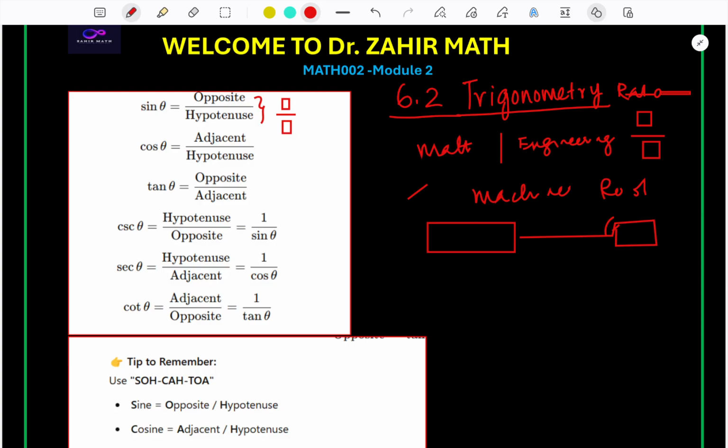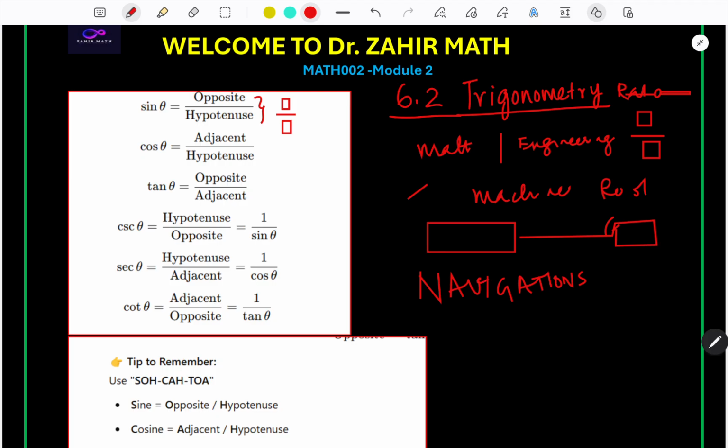Okay, teacher, I'm not studying engineering. I'm just studying prep year, so where do I use these trigonometric ratios? The very important thing: GPS and maps use these trigonometric ideas. It means navigation, GPS, and maps.